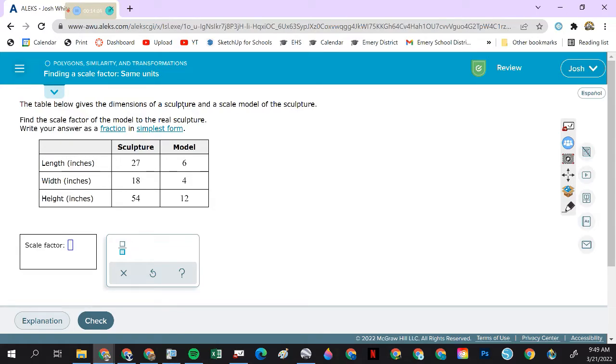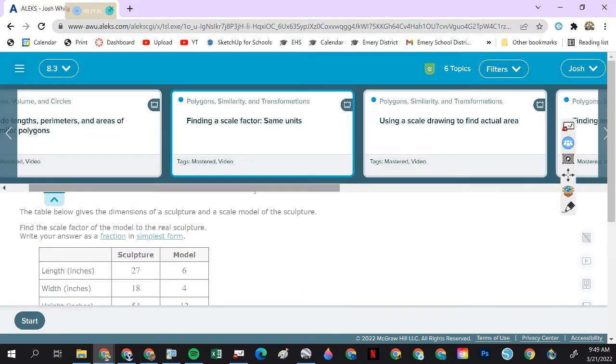The model is smaller, so we need to do 6 divided by 27, and we end up with 1/9, which is 0.999999. Oh, it's not. It's 0.111111. I got it backwards in my head. Okay.